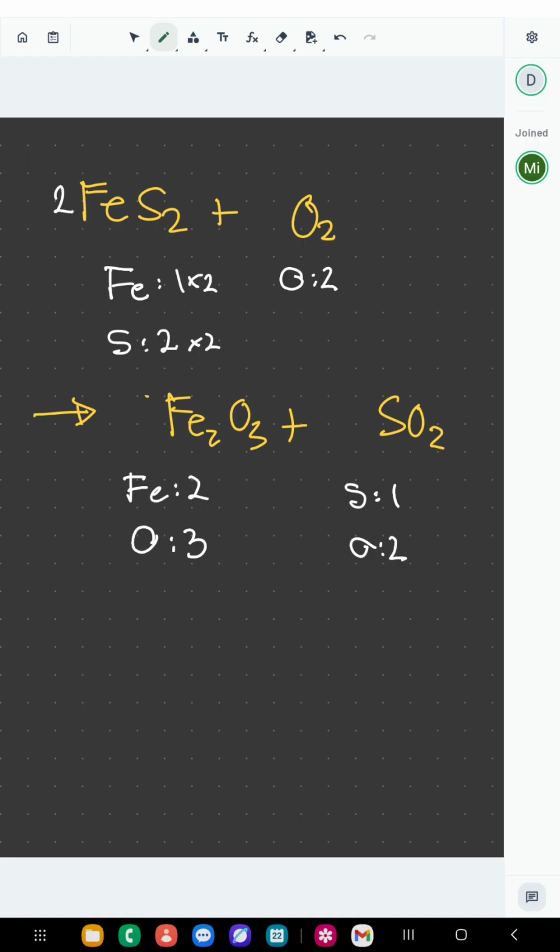Okay, you start with Fe, then your sulfur. And now your oxygen. What will happen to your oxygen? Your oxygen is 8 here, 8, 9, but you have 8 here, 9, 10, 11.